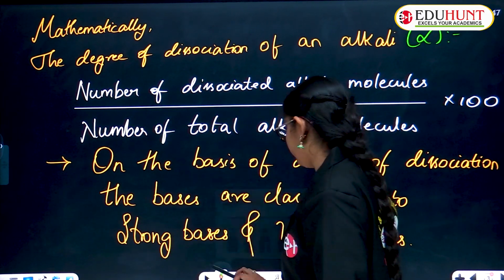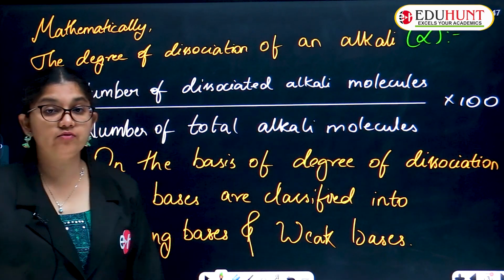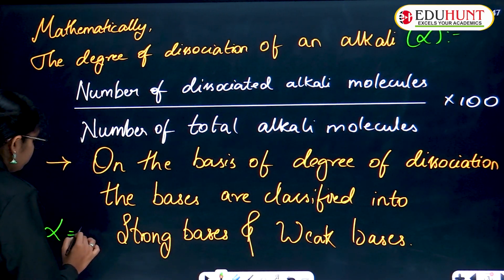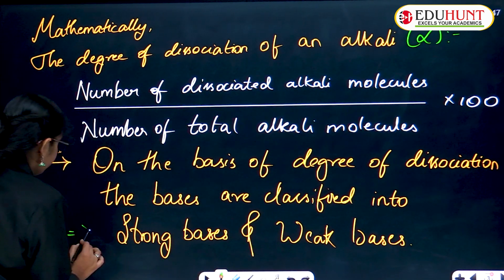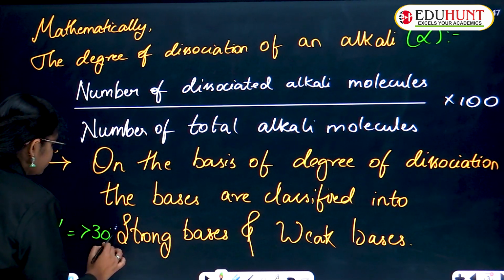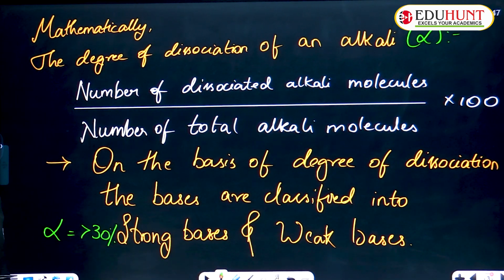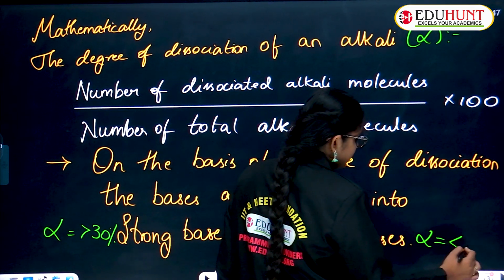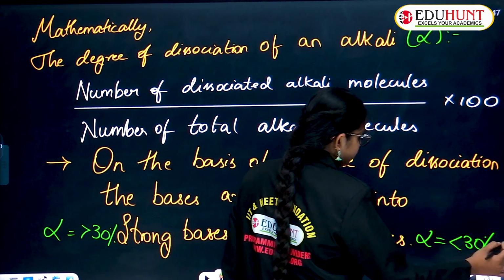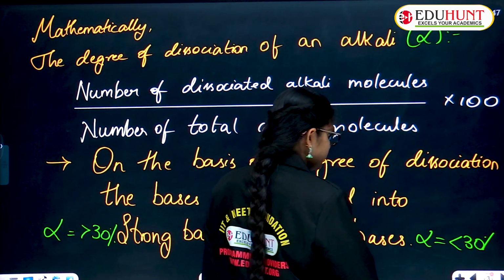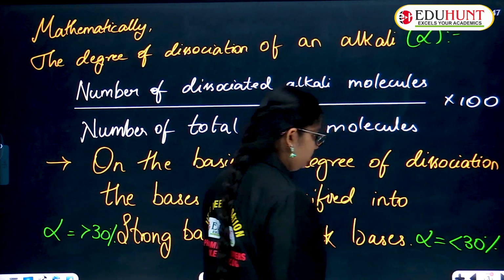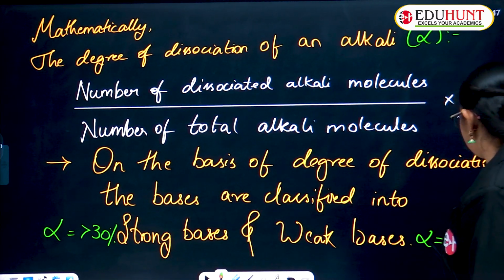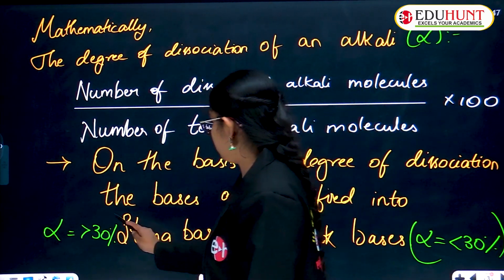Strong bases have a degree of dissociation value alpha greater than 30%. For the weak bases, the alpha value is less than 30%. Like this we can derive strong bases and weak bases. Clear now?